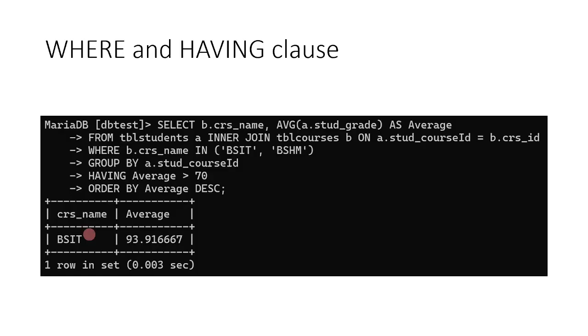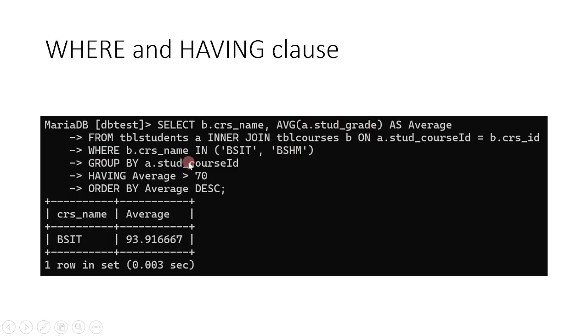So again, where is going to affect those columns that are going to be included in the aggregate function. In this case, only the BSIT and BSHM are included in getting the average. Then group by.